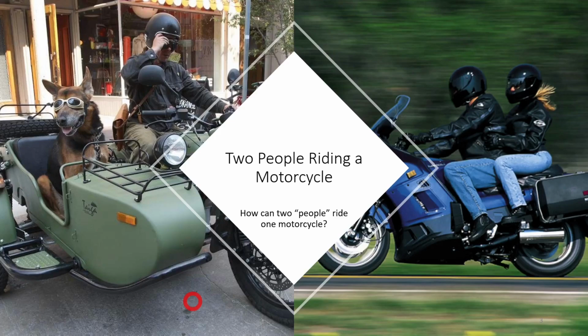That's one way to ride a motorcycle. And then we have here two individuals riding on the same seat, one in front of the other. So there are two different ways for two individuals to get that done.